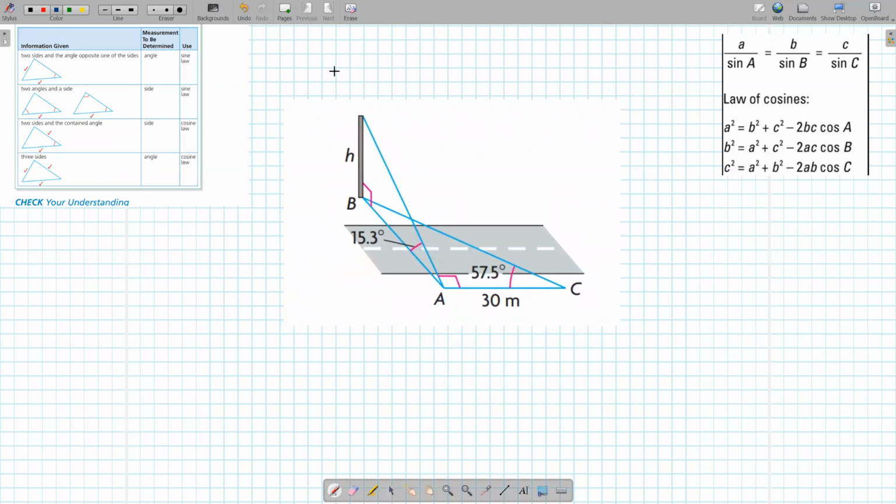Do you see two different triangles here? Which side do they both have in common? There's only one side they both have in common. B and A? Correct, BA. So you would first find it from the bottom triangle.